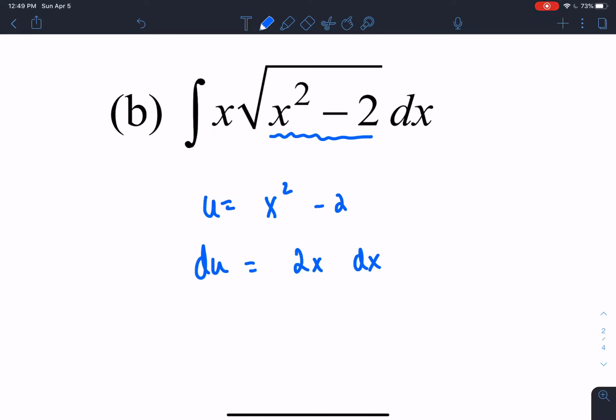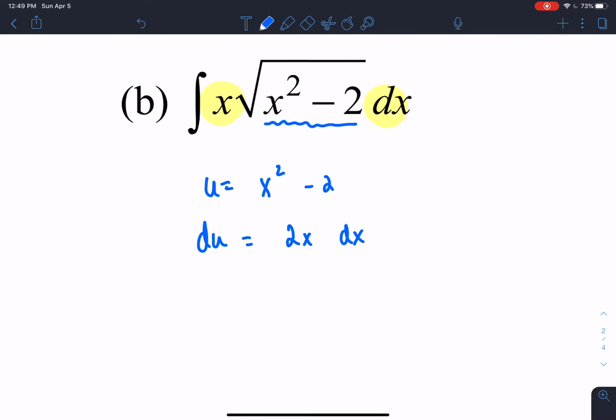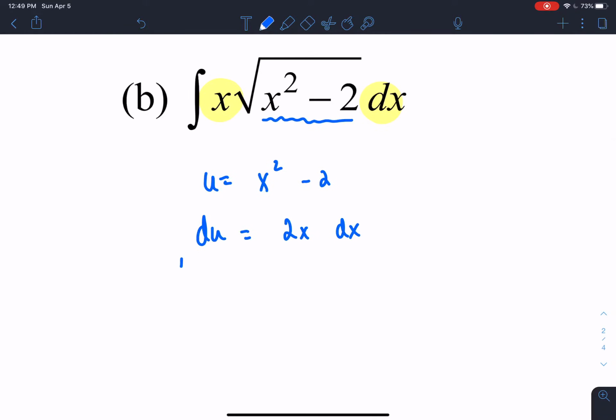Now you have x dx, so that means we need to divide the 2 over to the other side, so 1/2. Divide everything by 2, and that gives you 1/2 du equals x dx.